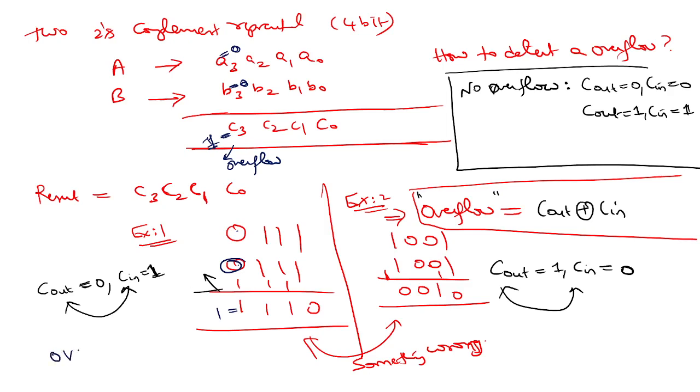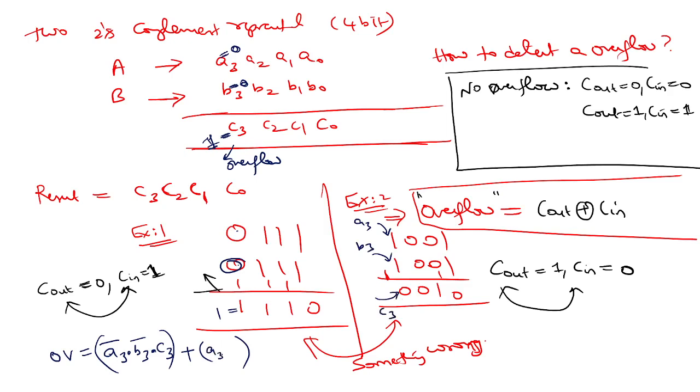So how can I write that overflow condition here? A3 complement, because A3 is 0. B3 complement, because B3 is 0. And C3 is 1. This condition will give you overflow. Or what is the other condition? If A3 is 1, B3 is 1 and C3 is 0.